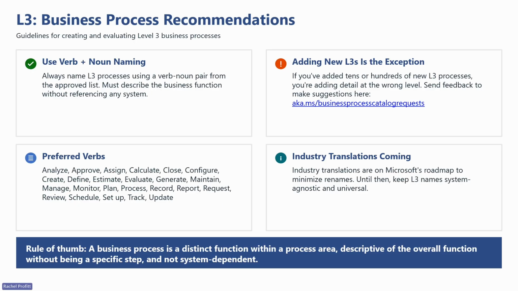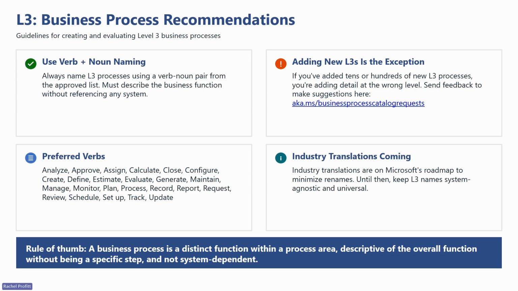Level 3 is where discipline really matters because this is where you're defining the core business language. All business processes at this level should follow a clear verb-noun structure. And that's why you see a preferred verb list on the slide. Things like analyze, approve, create, manage, track, and report.